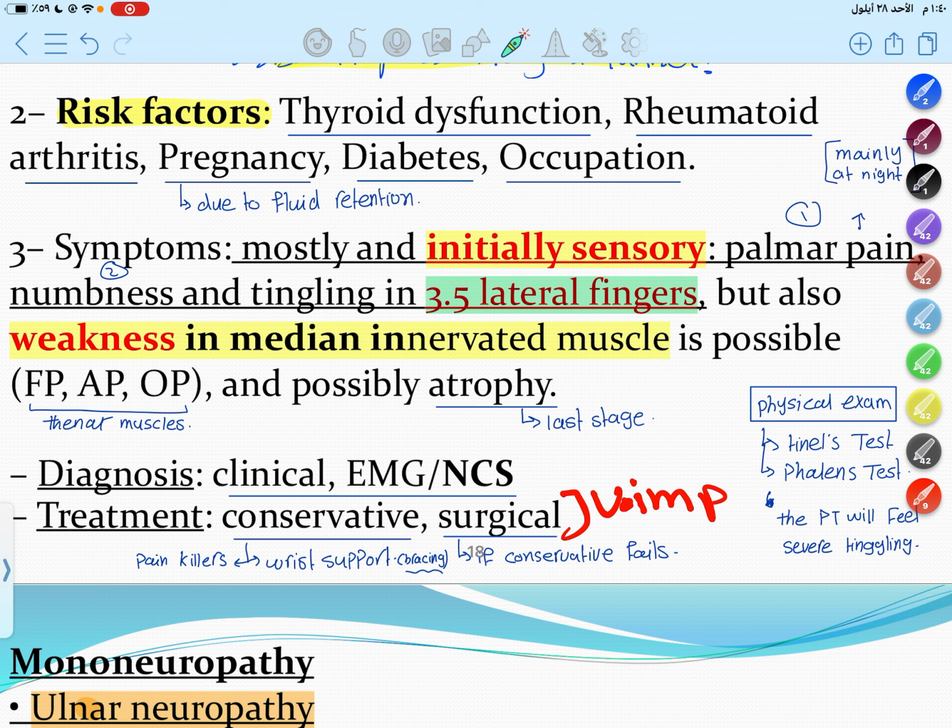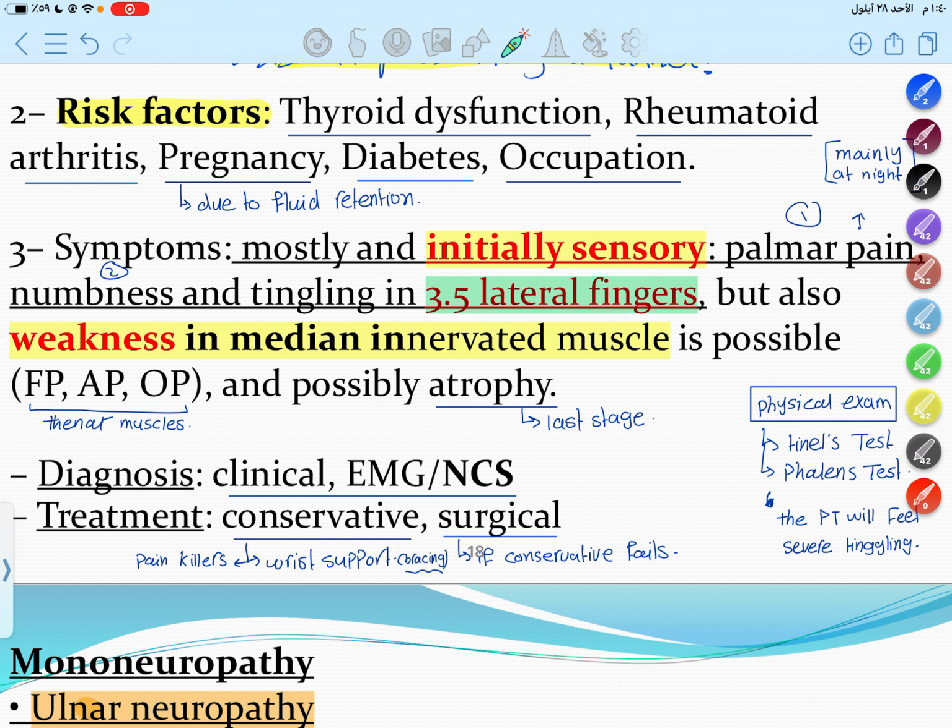Now treatment, we divide it into conservative and surgical decompression. Early on, with mild symptoms, especially in pregnancy, we give a wrist support, like those who play tennis, a wrist support, and some painkiller. That's good.